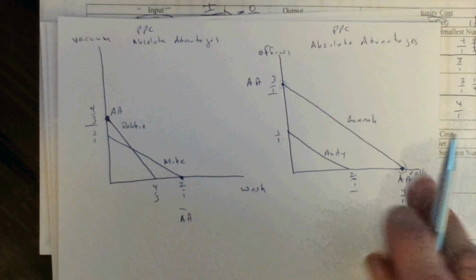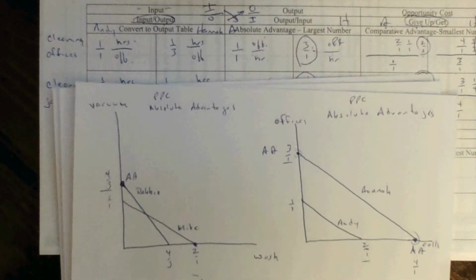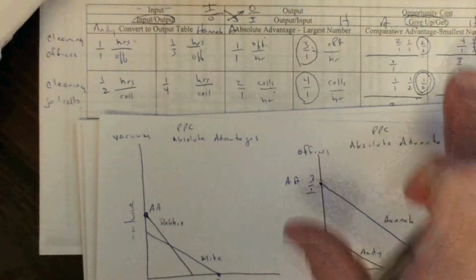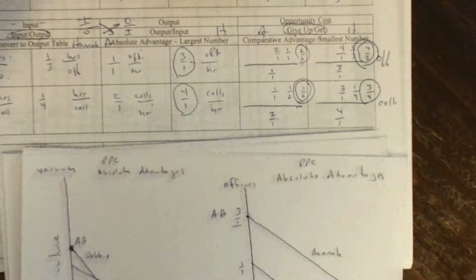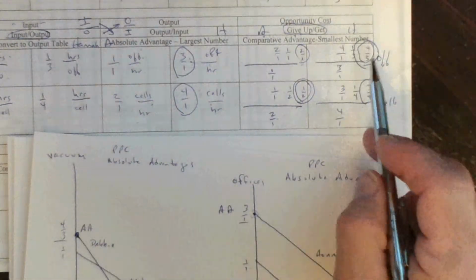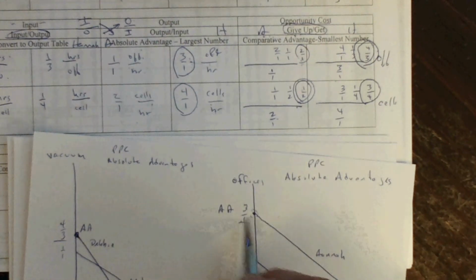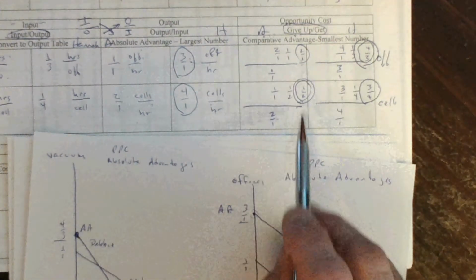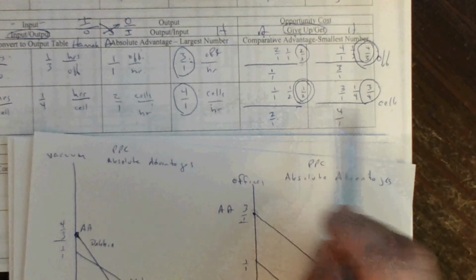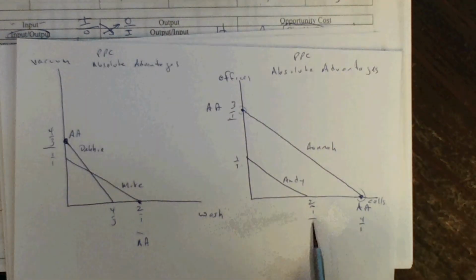If we look at the comparative advantage table, Hannah has a comparative advantage in cleaning offices, so she's going to be cleaning the offices. But Andy has a comparative advantage in terms of cleaning jail cells, so he'll be cleaning the jail cells.